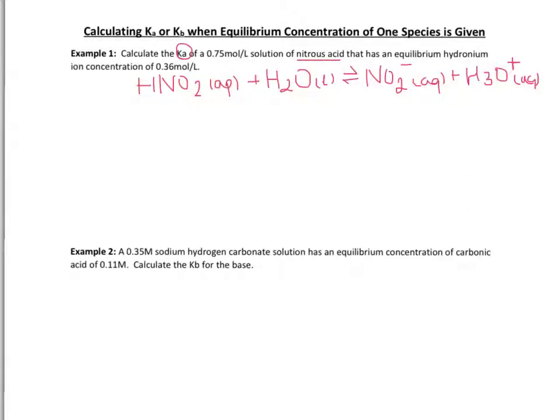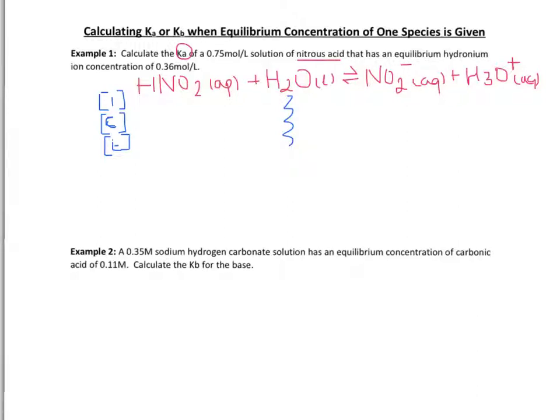Again, since this is a weak acid and not a strong acid, we cannot use stoichiometry, so we have to go back to our ice table from the equilibrium unit. Remember that water is a liquid, which is not included in our equilibrium expression, so we're not going to do anything about it in our ice table either.